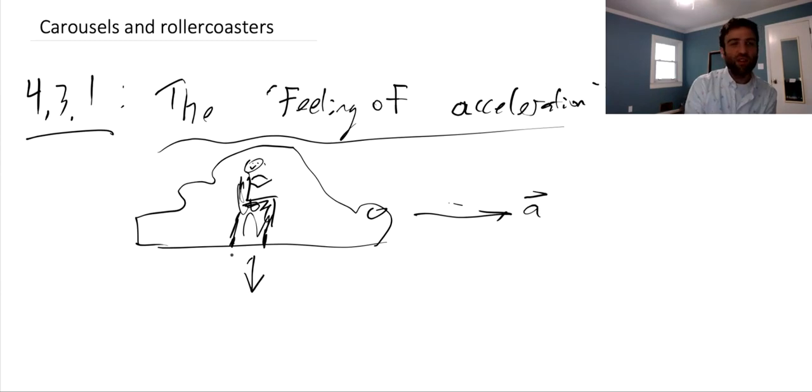And the way you're connected to the car is through the seat, right? So you start accelerating forward because there's an object that's exerting a force on you. In this case, the object exerting a force on you is the car seat. The part of it connected to you starts exerting a force in the same direction as the acceleration of the car, and you start accelerating in the same way that the car is accelerating, right?